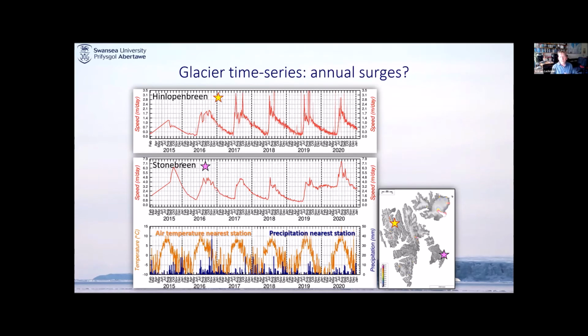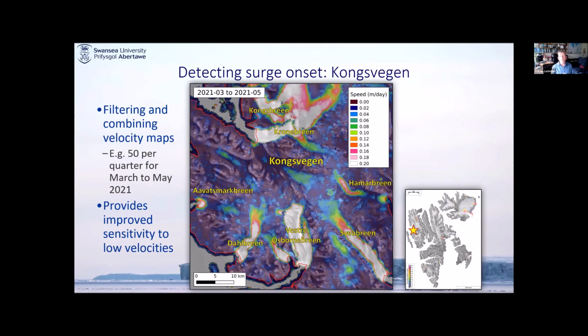Now, Uta yesterday afternoon raised the question about the sensitivity of these kinds of data to what sort of losses we can get. In an individual velocity map, as Peter in his paper tells us, the normal velocity sensitivity is about 0.1 to 0.2 meters per day. And that's fine for looking at these surges, understanding calving processes, and even measuring those calving losses.